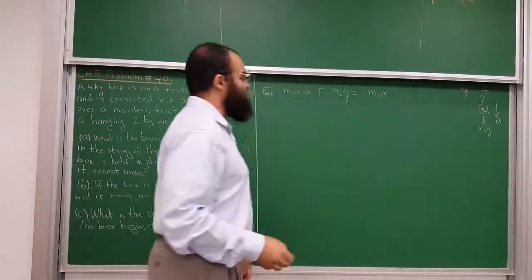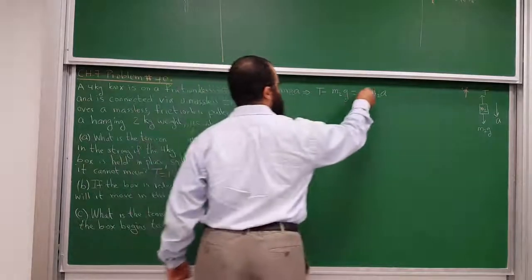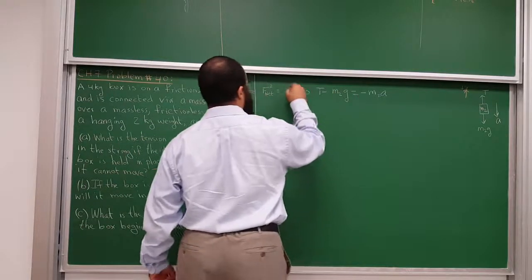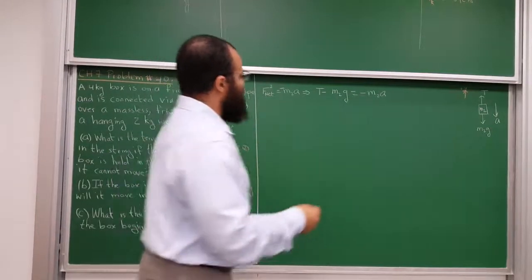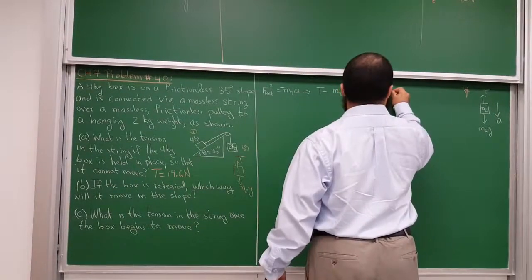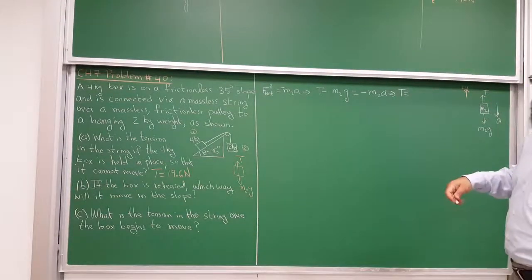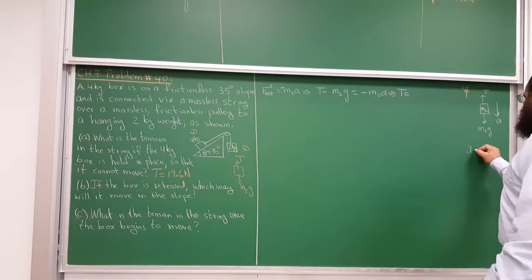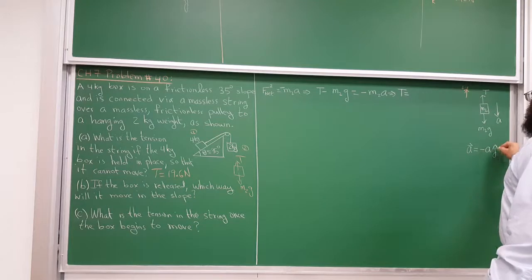I made one mistake. I'm assuming downward to be negative, so I better put a minus sign here. I'm assuming it's accelerating downward, and so the acceleration would be, as a vector, minus some number times j hat.